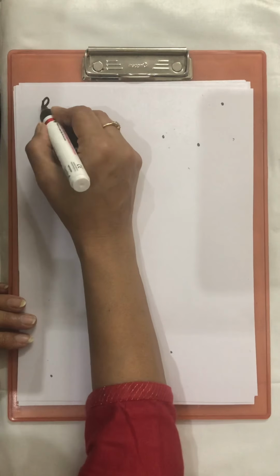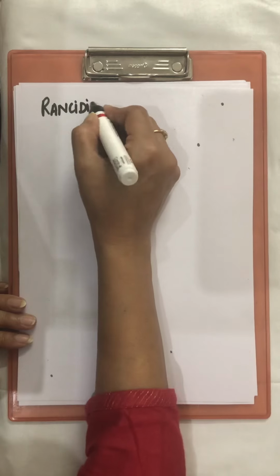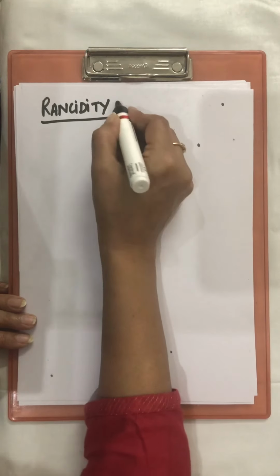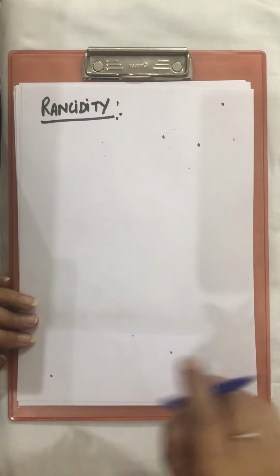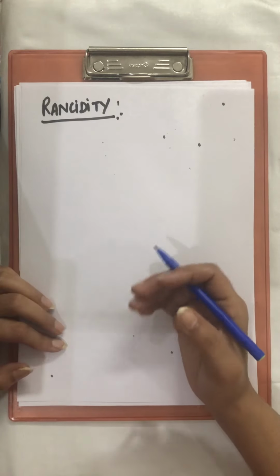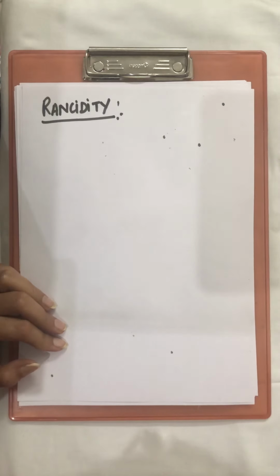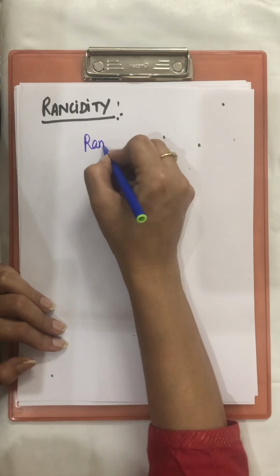After corrosion, the second phenomenon of oxidation that takes place in our everyday life is rancidity. What is rancidity? When food which contains fat and oil is exposed to air for a long time, it becomes rancid.